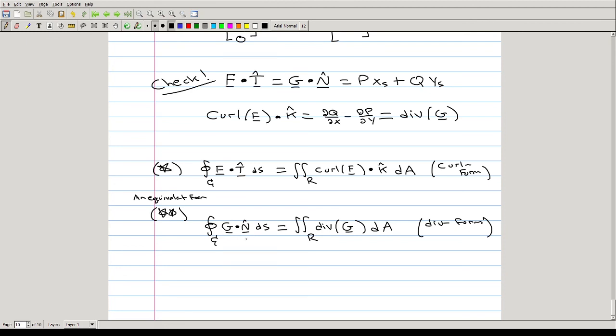And the point is that fundamentally these two things are expressing the same relationship, but they're expressing it in different ways.